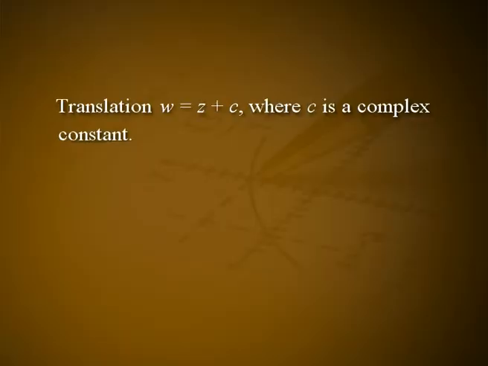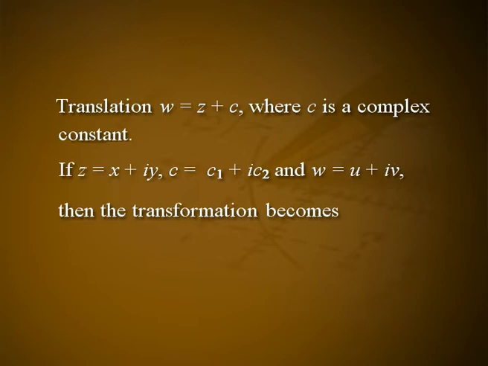Some of the standard transformations are translation, magnification and rotation, inversion and reflection. First one, translation, w equal to z plus c, where c is a complex constant. If z equal to x plus iy, c equal to c1 plus i c2 and w equal to u plus iv, then the transformation becomes u plus iv equal to x plus c1 plus i into y plus c2.